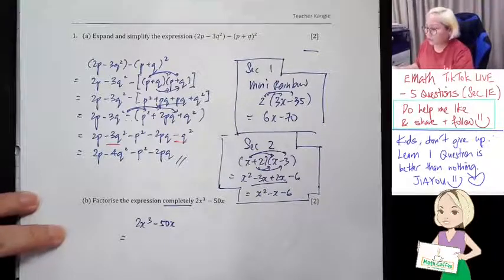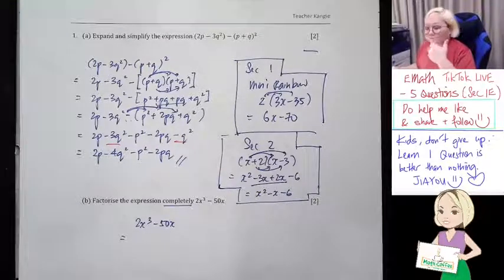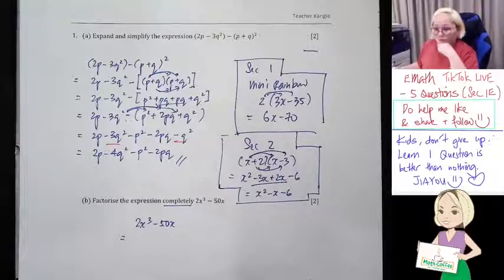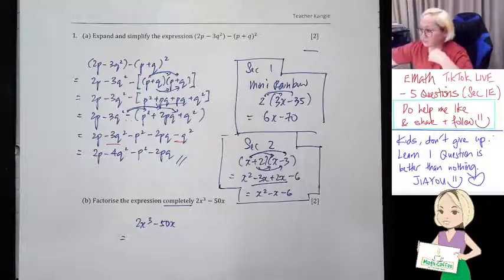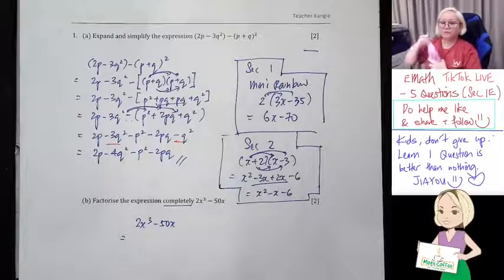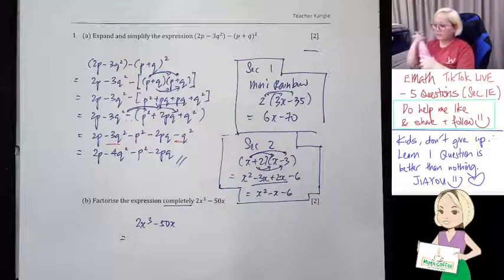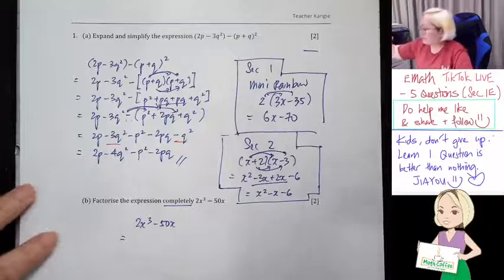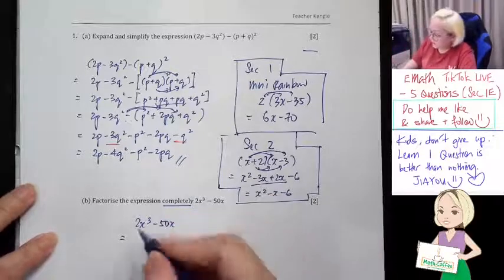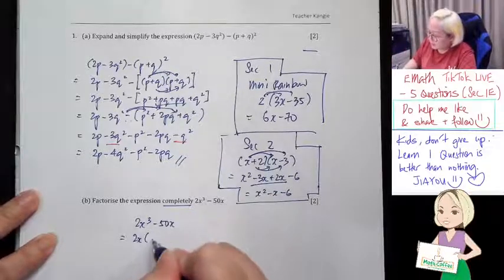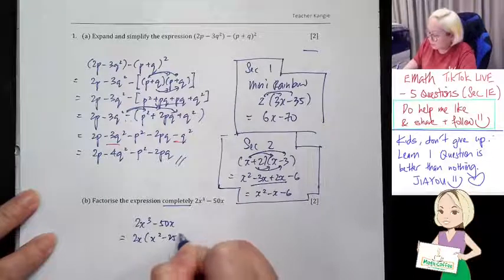Always ask yourself whether you can take out a common factor. So what can I take out? Yes, good. You can take out 2x. So let's factorize the 2x. You're left with x squared minus 25.